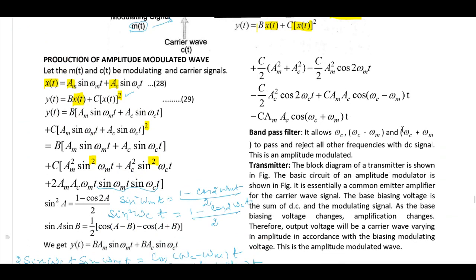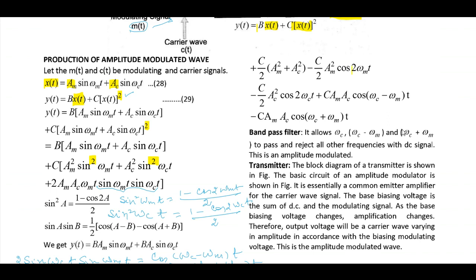And after putting this value, 1 minus cos 2 omega m t by 2, what I got is c square by 2 (Am square plus Ac square) minus c by 2 Am square cos 2 omega m t.